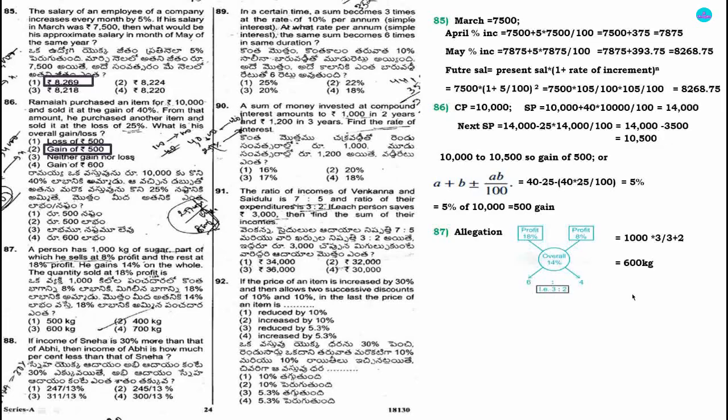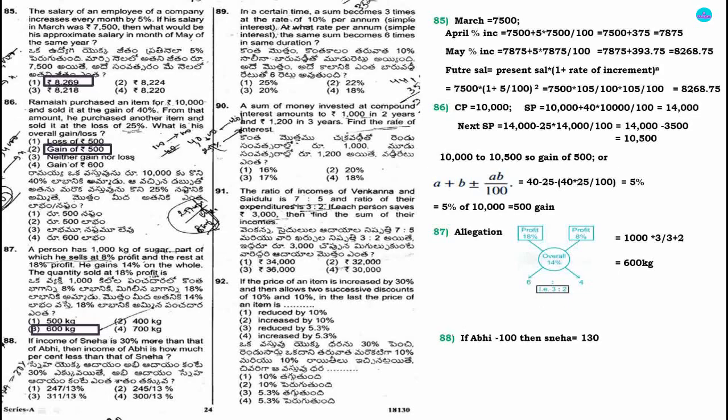So that is equal to 600 kg. So the answer is 600 kg. Understood? So first profit will be put here, the next profit here. Overall profit is 14%, so 18 minus 14, 4. 14 minus 8, 6. Cancellation 3 by 2. So total 1000 kg, so 1000 into, for 18% they are asking, so 3 by 3 plus 2, that equals 600 kg.